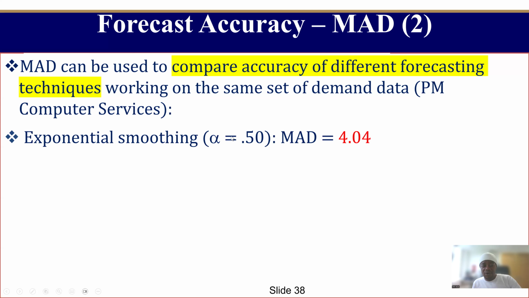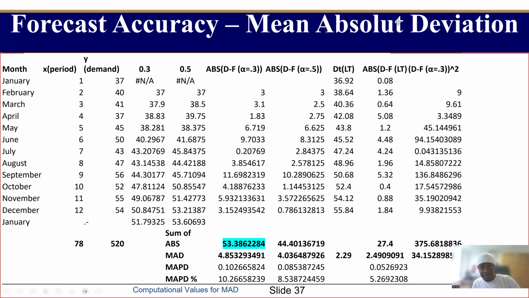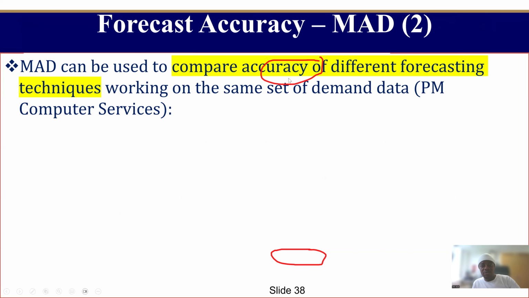So we did it for exponential smoothing for 0.5, and you get 4.04. And you can see that in the Excel here, the 4.04 is this, for alpha equals 0.5. Cool. What about the time trend? Because remember, we did it also for the time trend.